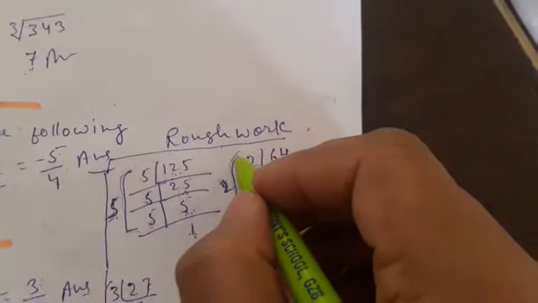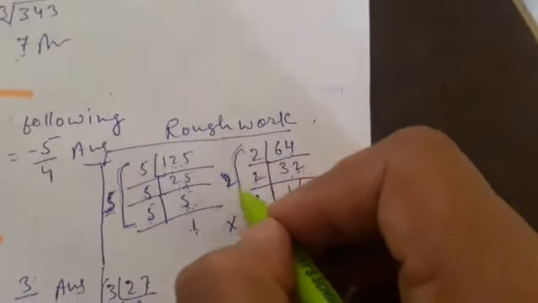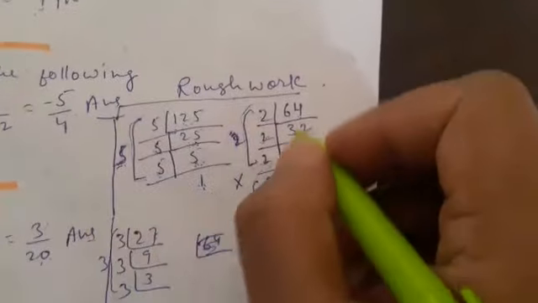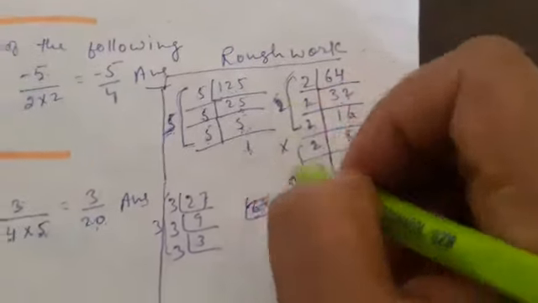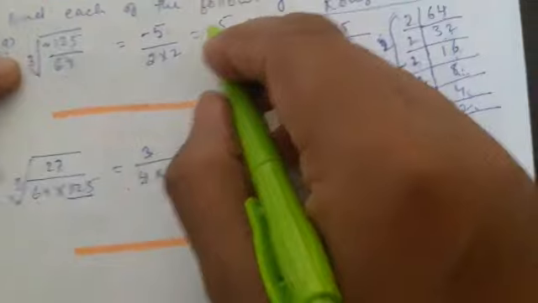Now we will make triplets here. 2 is written 3 times, so we will write one 2 here, and here also 2 is written 3 times, so we will write 2 one time again, and then we will multiply both, 2 into 2, that is equal to 4. Therefore the cube root of minus 125 by 64 is equal to minus 5 by 4.